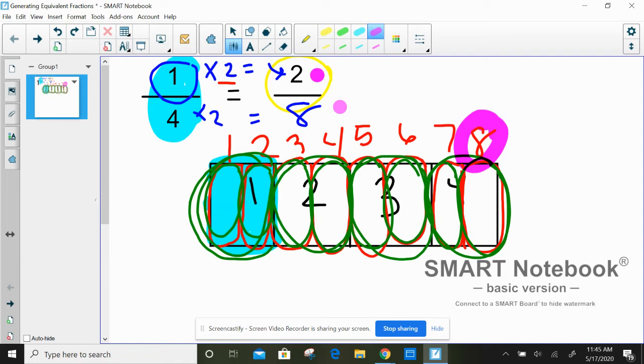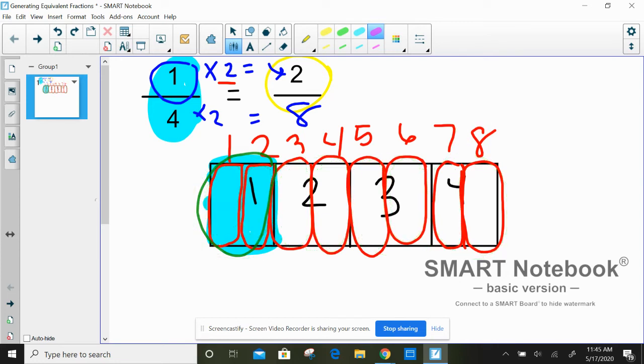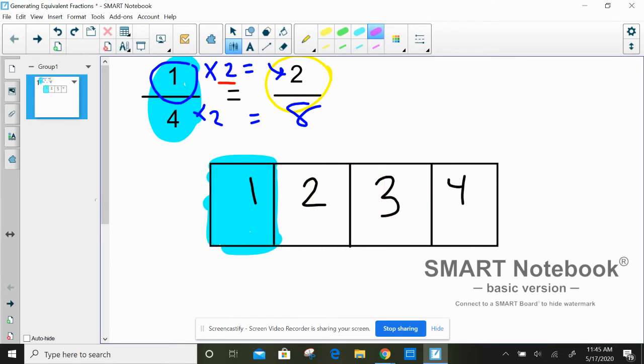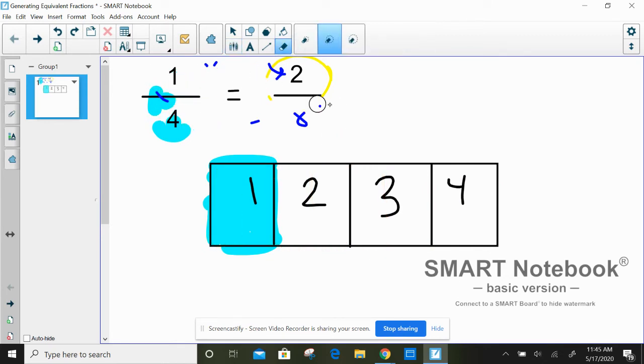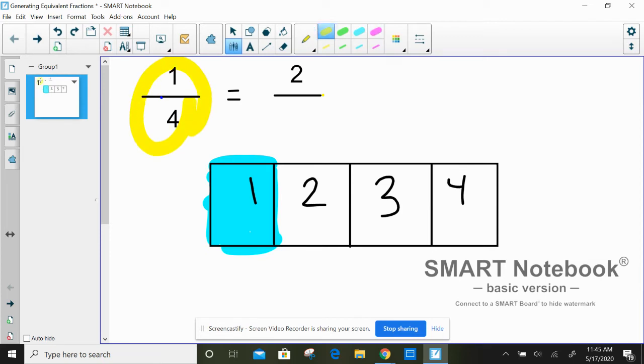Okay? So I hope that's helpful today. I will actually unshade some of these and just kind of show you in a little bit of a cleaner way. So again, just to review, right before you guys go off and try this on your own, here we have our 1/4.